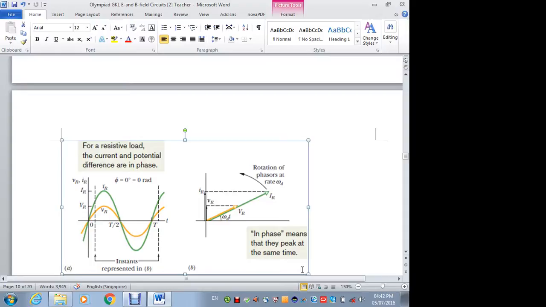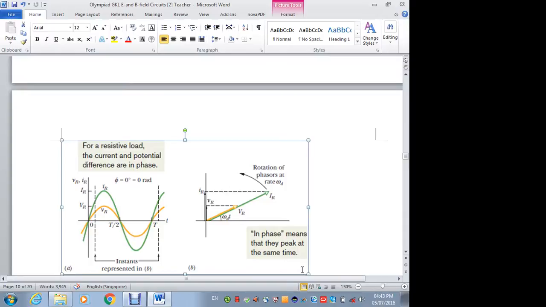The length doesn't change for V, and the length of IR doesn't change either. But the component here will change, because it depends on the angle omega t, and the angle depends on time. So this length, which represents the magnitude of I, will change.